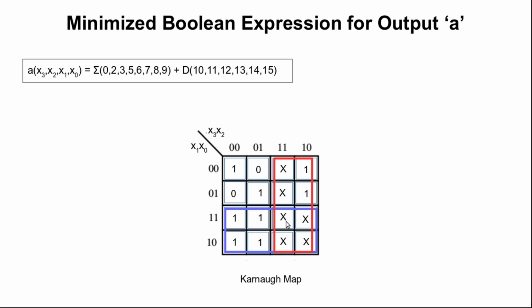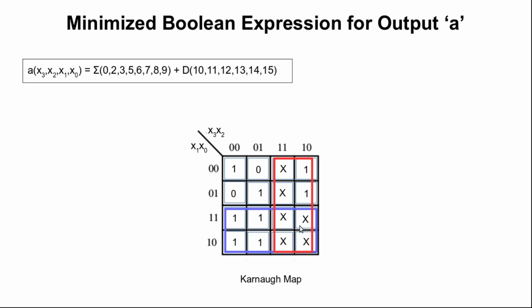So here, if you consider this cross to be 1, then instead of a group of size 4, I can have a group of size 8, which will result in a more minimized expression. When we have don't care conditions, we can do that.